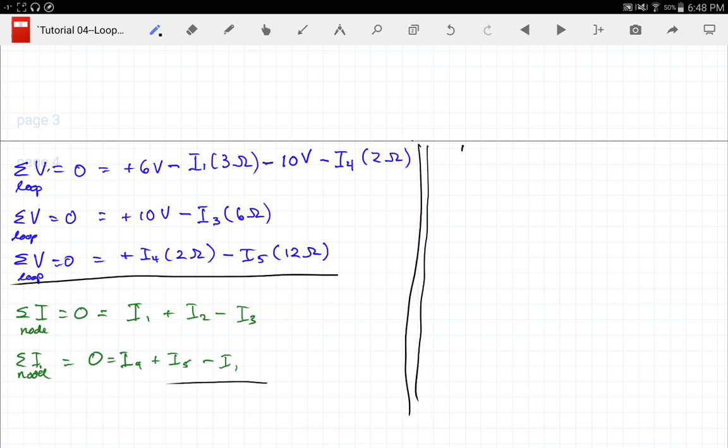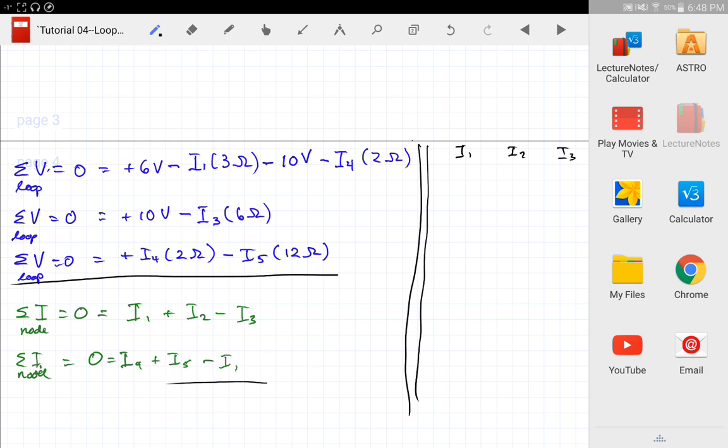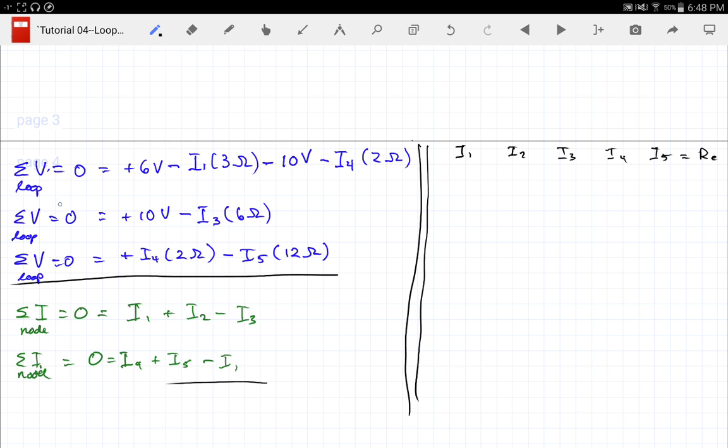I'm going to put them so I have current 1, current 2, current 3, current 4, current 5, and equals the result. So my first equation is going to be, current 1 here was negative 3 times current 1.